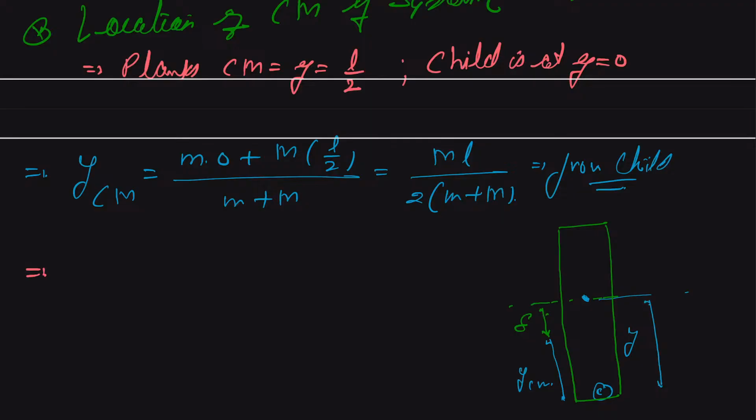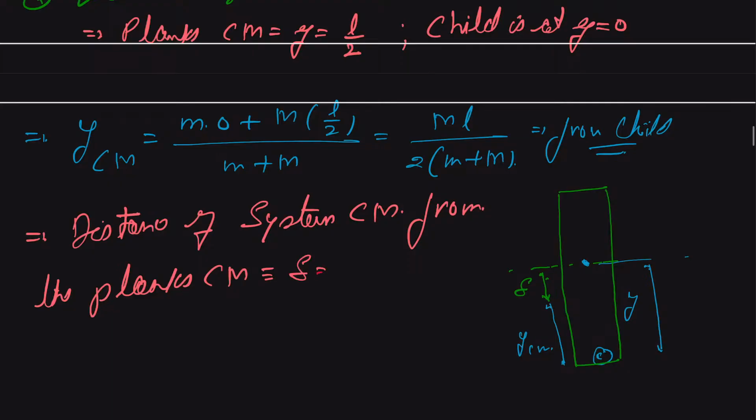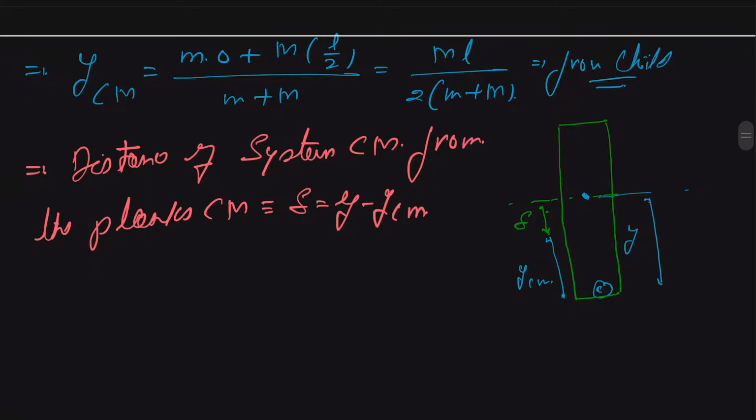Therefore we can say that the distance of the system center of mass from the Plank's center of mass, that is delta, will be equal to y minus YCM, and we simply substitute the values.